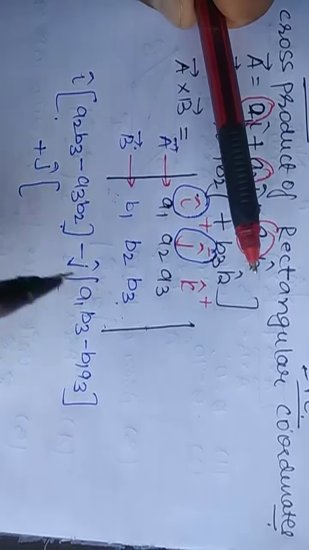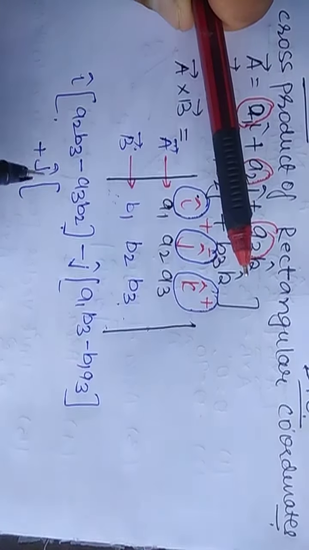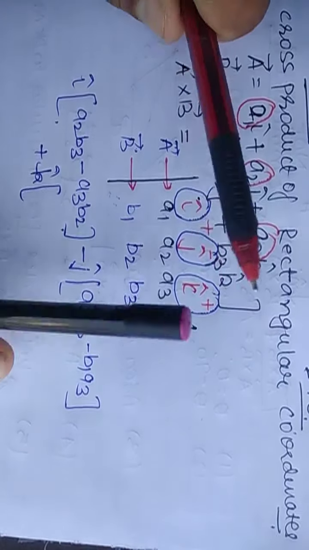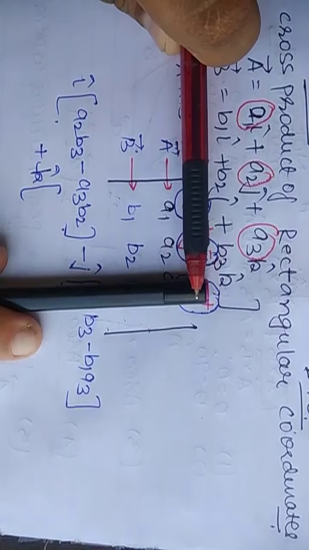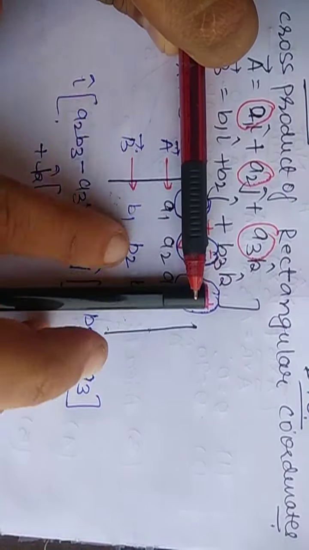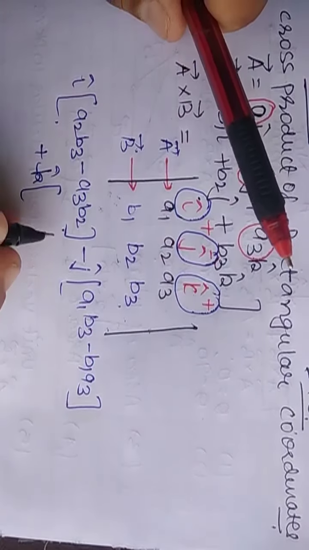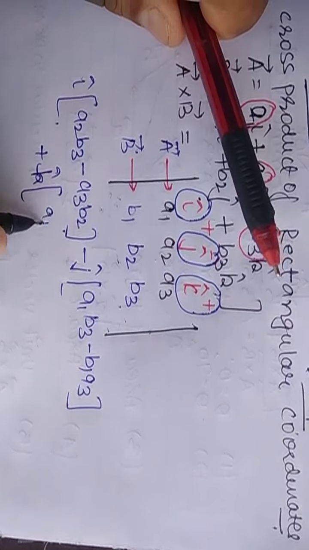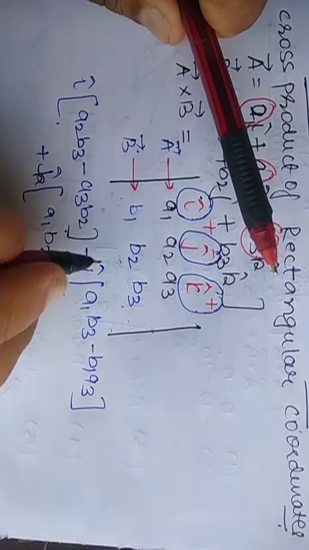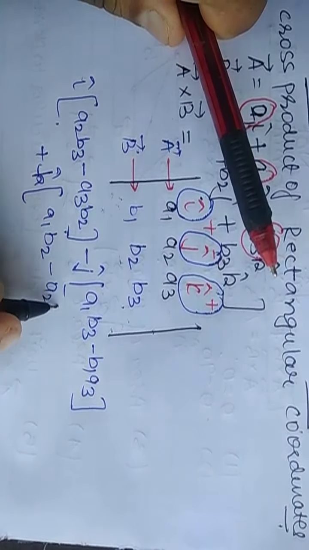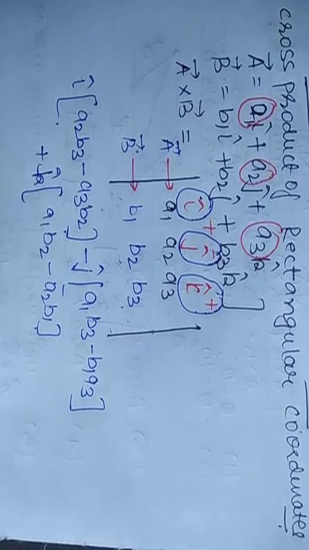Okay, third one, k cap, again close. You are able to see again four numbers: 1 2 3 4. a1 b2 minus b1 a2. So it will be a1 b2 minus a2 b1.